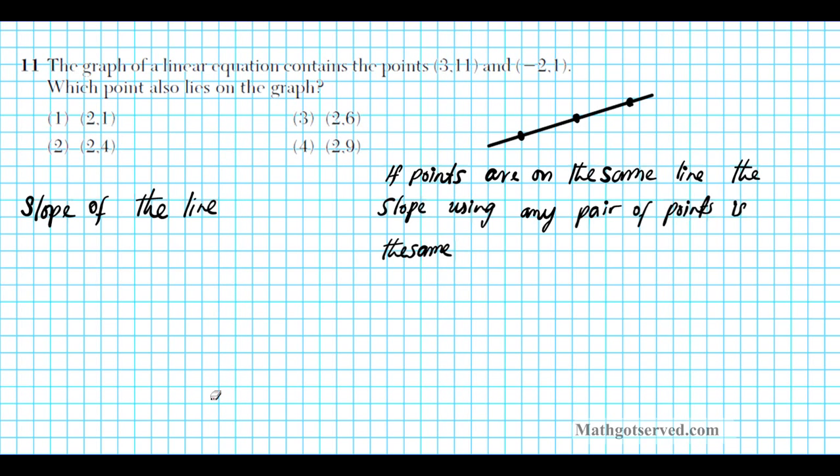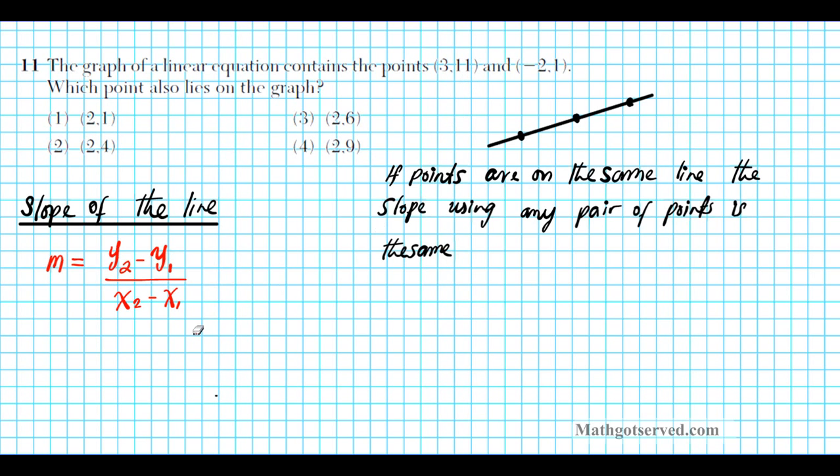We are going to be making use of our slope formula. We know what that is. The slope m is equal to rise over run. When you're rising along the y-axis, that's y2 minus y1, and when you're running along the x-axis, it's x2 minus x1.